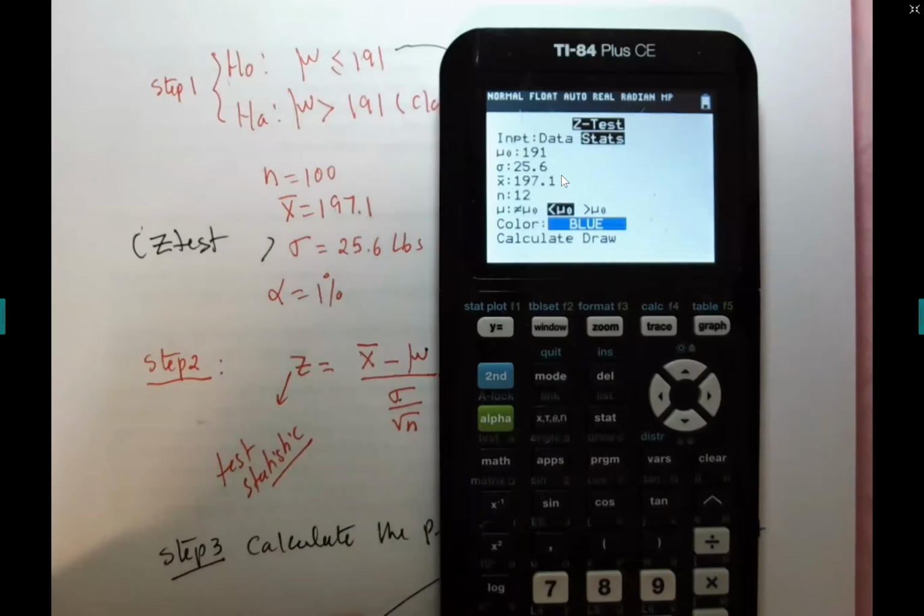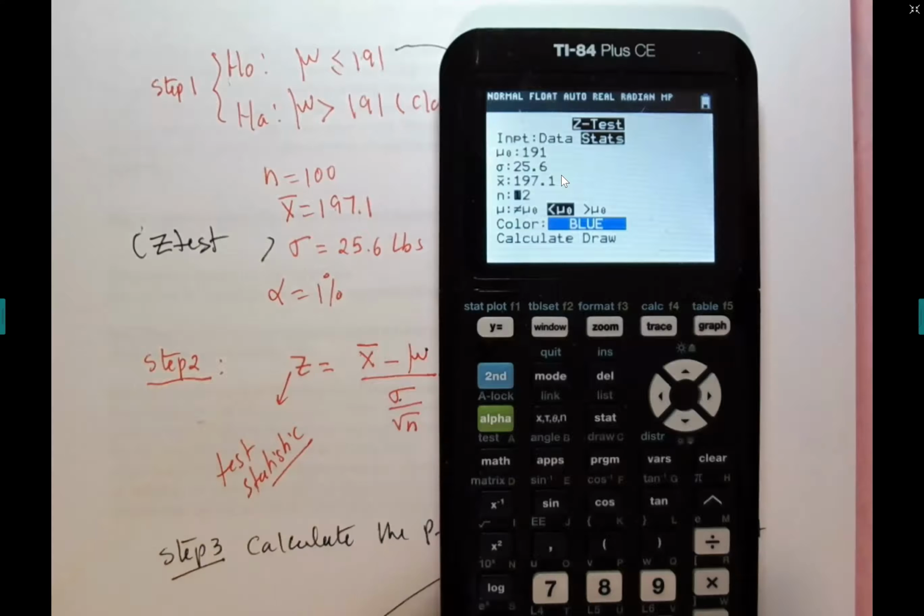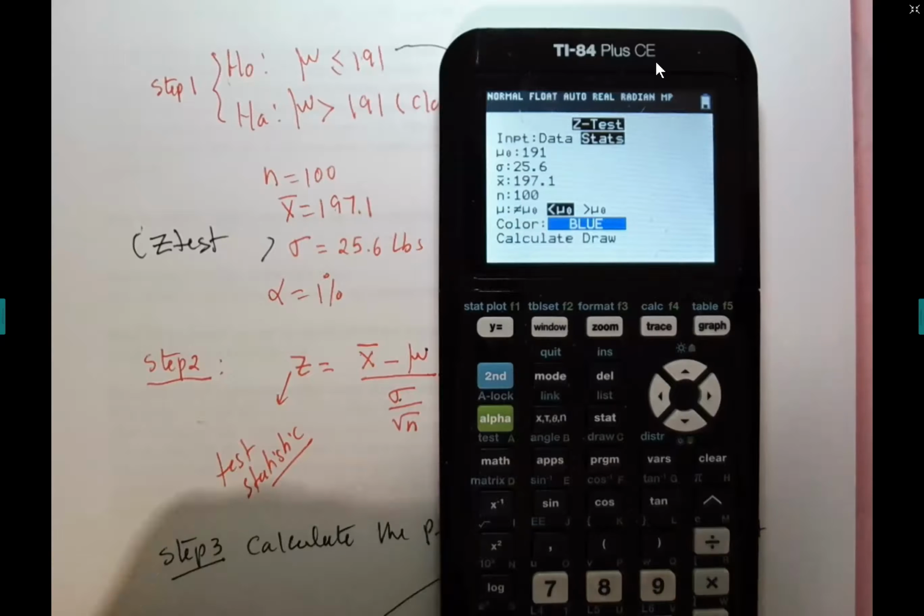I'm going to go slow with this, guys, because once you know how to do it once, you're going to be able to do it all the time. And what is N, guys? The sample size. Let me see. 100, yes. Good. I'm following the chat as well.